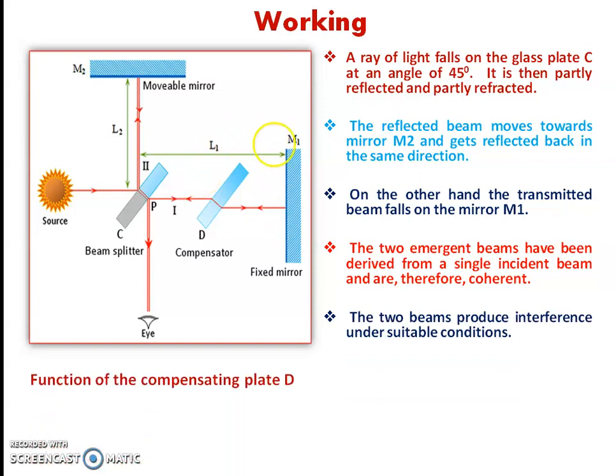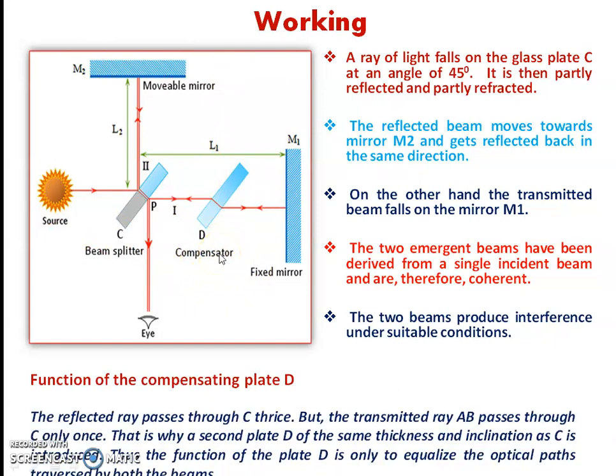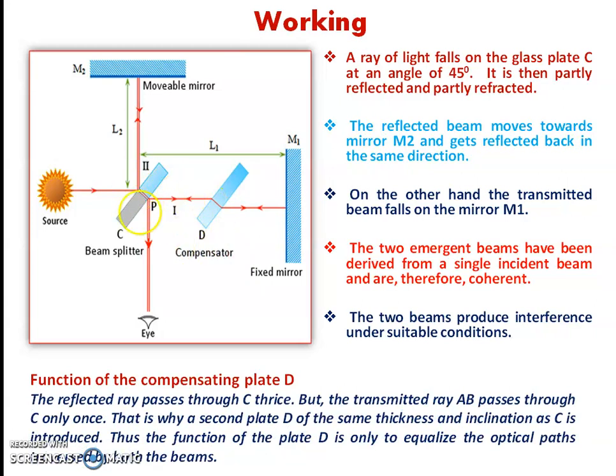Now here, the function of compensating plate D. The reflected ray passes through C thrice. That is, when this light beam falls on C, it gets split into two parts. Once this reflected beam travels and falls on M2, again it gets reflected back and again it is transmitted through C. So this is how the reflected ray passes through C thrice, but the transmitted ray AB passes through C only once.